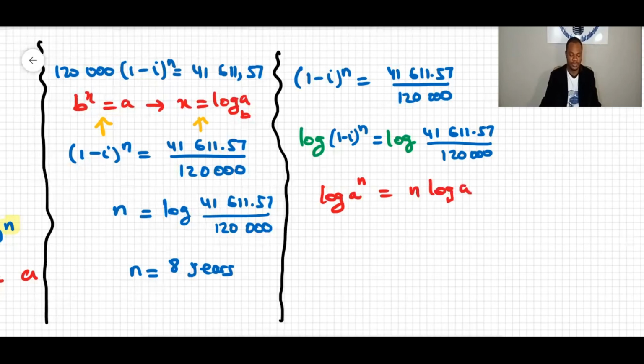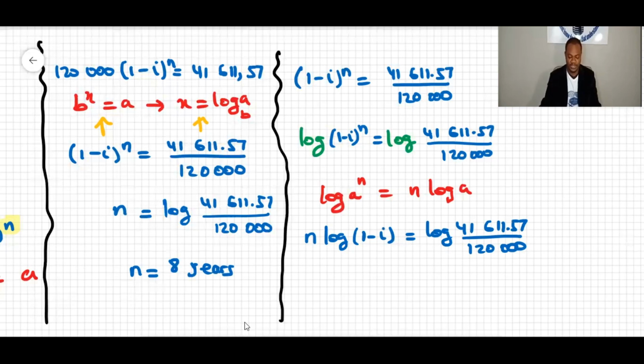So over here, this means that we have n log of (1 minus i) equal to log of 41,611.57 over 120,000. Now to find n, we divide both sides by log of (1 minus i).